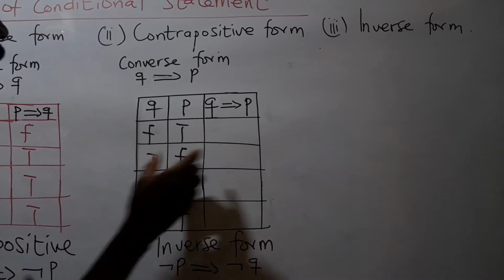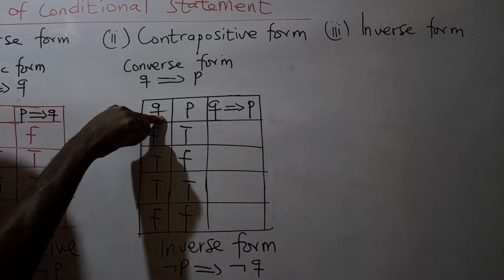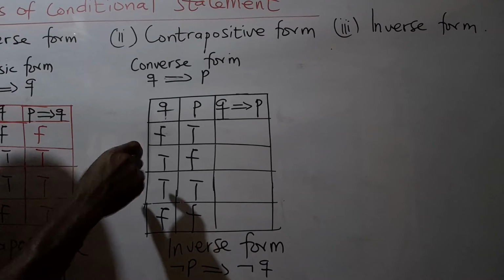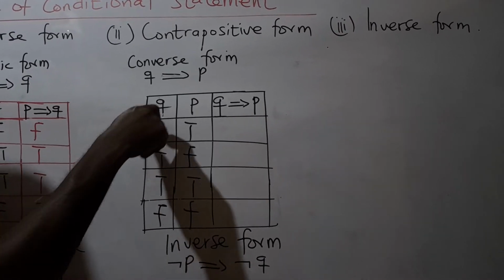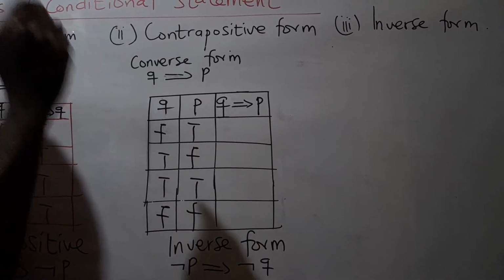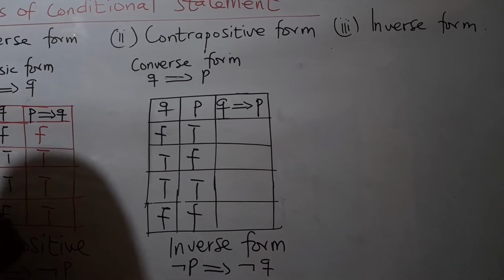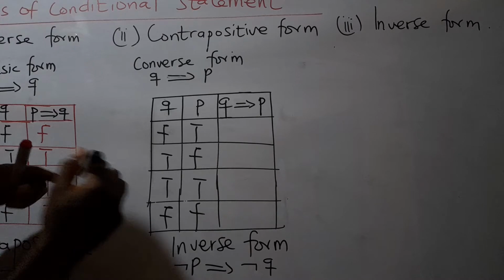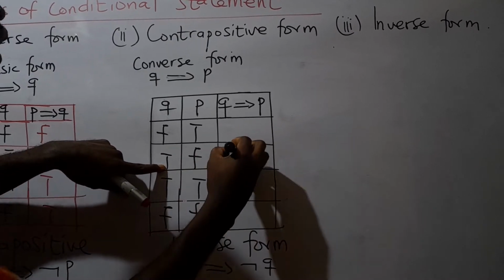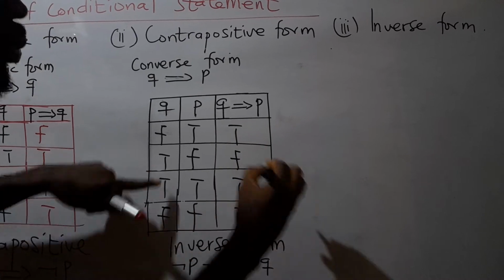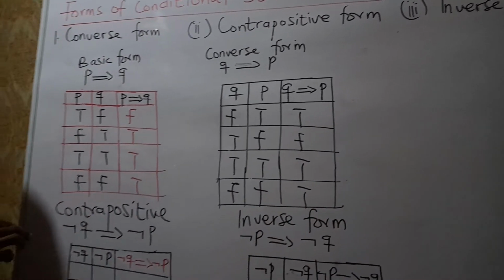Immediately we do that, Q becomes the antecedent and P becomes the conclusion. It is only false when the antecedent is true and the conclusion is false. So we check where this is true and this is false, then it's false. Otherwise, it's true in all respects. I hope you get that.